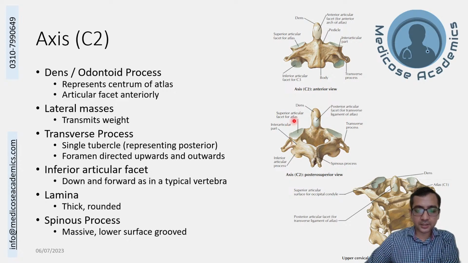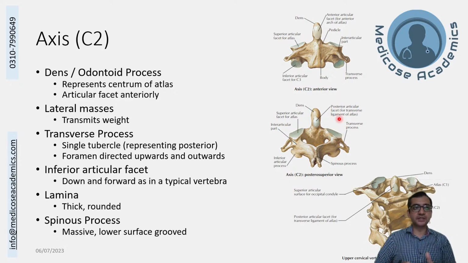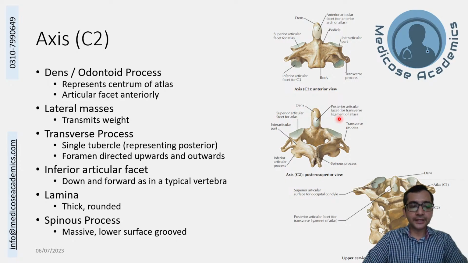The foramen transversarium is overhung by the inferior articular facet. It is much like that of the typical cervical vertebra, looking downwards and forward, and the lamina is thick and rounded, as compared to the typical cervical vertebra, where it had anterior and posterior surfaces and upper and lower borders.